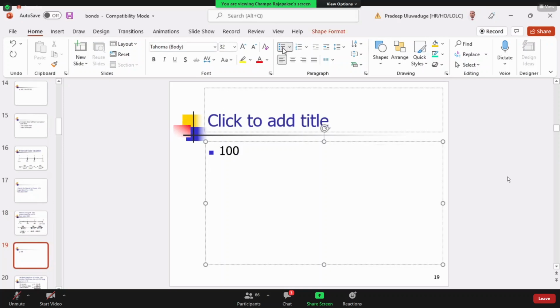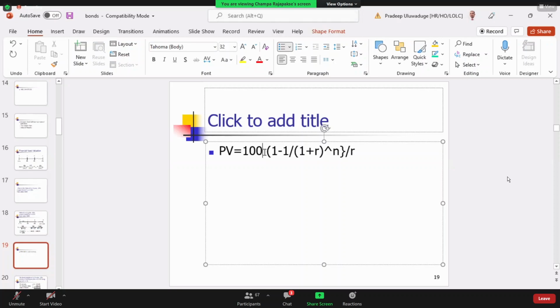So the present value equals, now this is the periodic payment, so you calculate the present value: 1 minus 1 over 1 plus r to the power n, the whole thing divided by r.